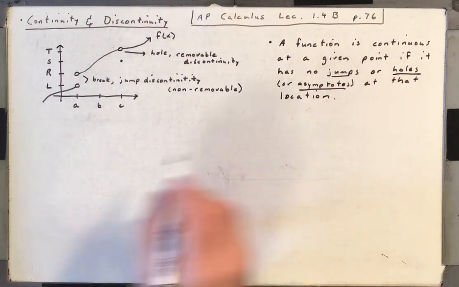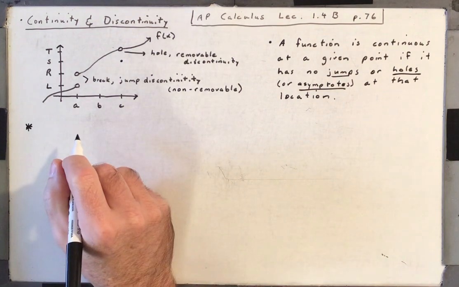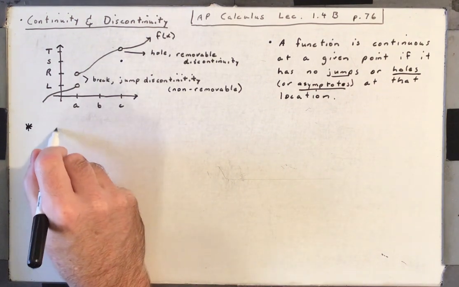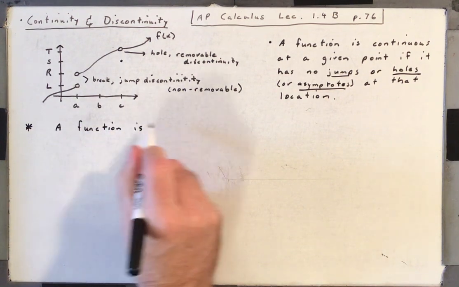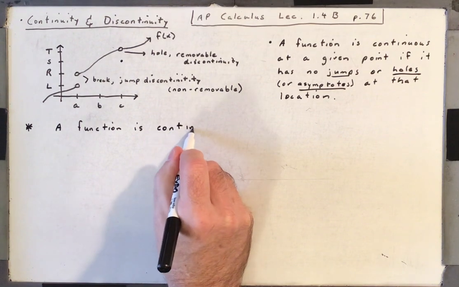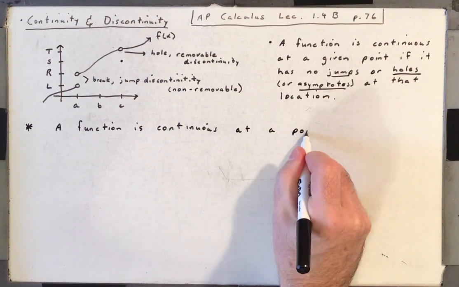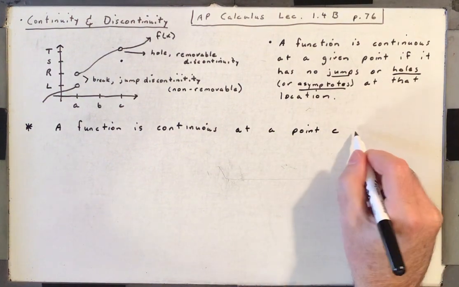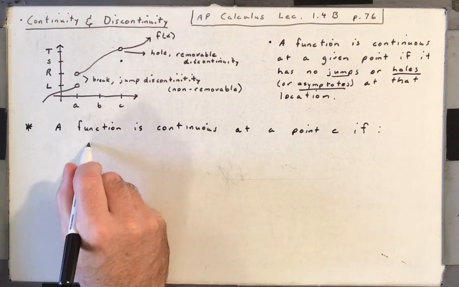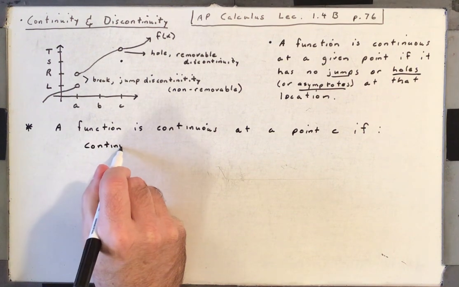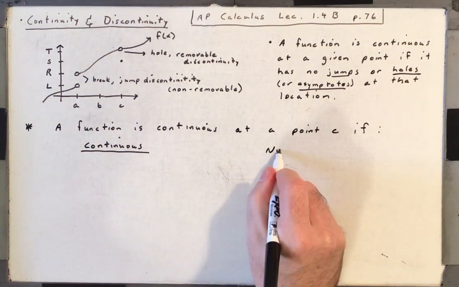Let's make a rule about discontinuities here, so write that down. A function is continuous at a point C if, and I'm going to make a couple of columns here, a continuous column and a not continuous column.